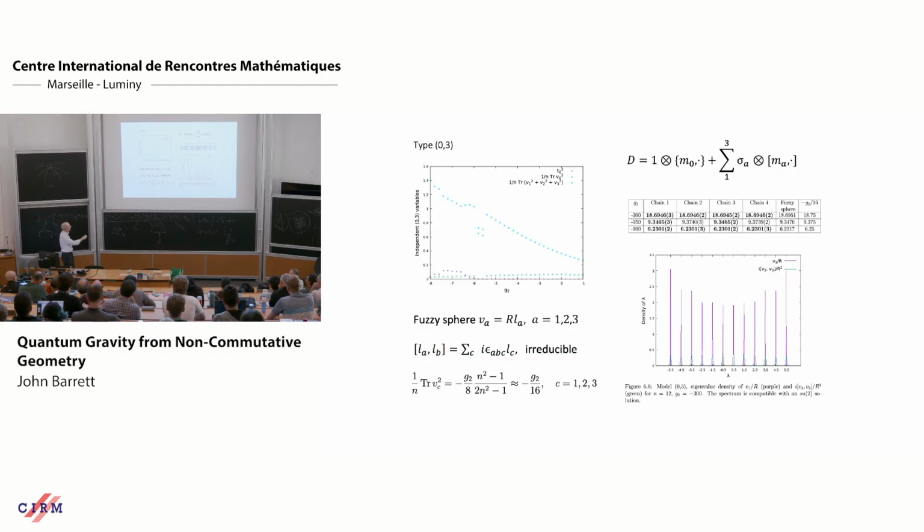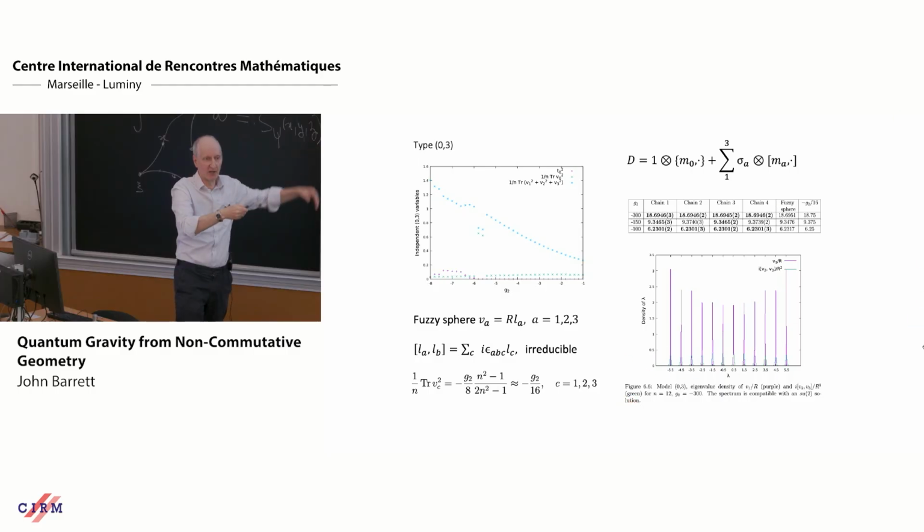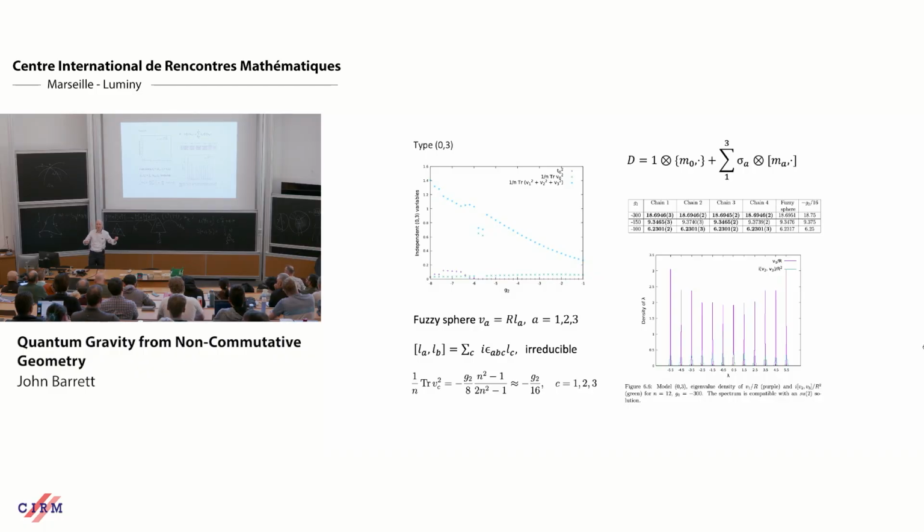In fact, if you calculate what for SU2 you expect the trace of V squared to be, G2 over 16, and you look numerically, it's almost bang on exactly. And if you take a given matrix, say V1, and plot its spectrum, you see nicely integer-spaced eigenvalues, which is exactly what you expect for the spectrum of a generator of SU2.